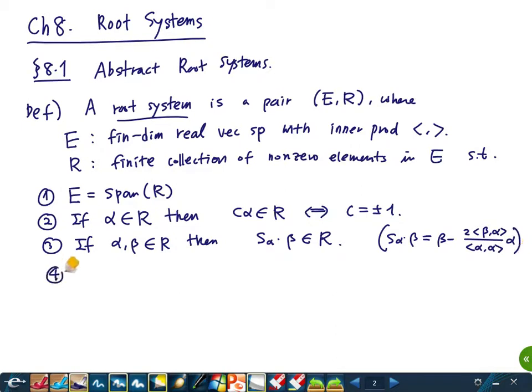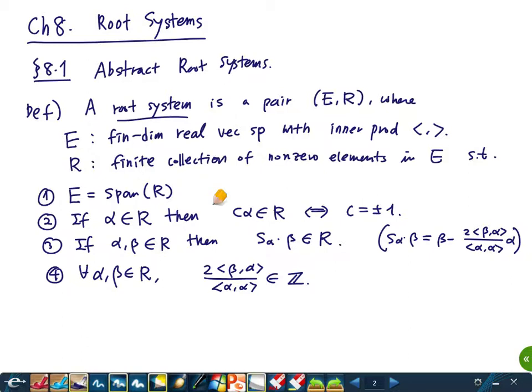And finally, fourth, for all alpha, beta in R, 2(beta, alpha) over (alpha, alpha) is always an integer. For every semi-simple Lie algebra, the associated root system satisfies these four conditions. So now we just define a root system to be a collection of vectors satisfying these conditions. Okay?